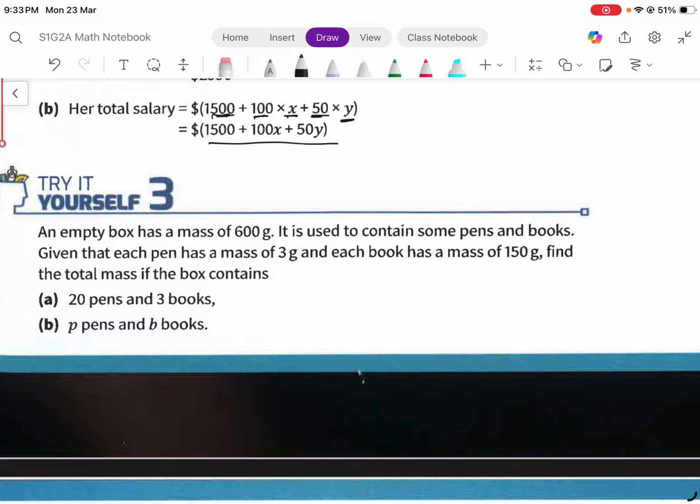Okay, so the first one, A, very simple, total weight. We follow the previous one. 600 grams plus 20 times 3 plus 3 times 150, right? So 60 grams plus 60 grams plus 150, sorry.